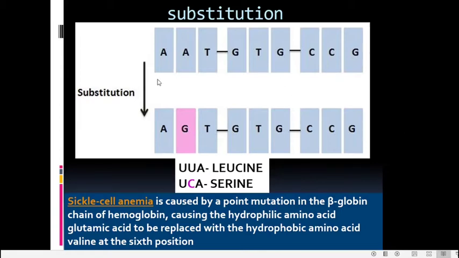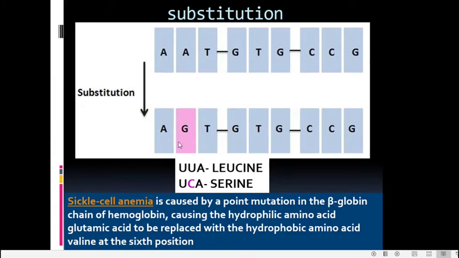So here you can see that all except the second base are the same, but the second base, that is A, has been mutated to G. So this is the only place where one base is replaced by the other. That is why it is called substitution. So substitution is a type of mutation in which one base has been replaced by another.